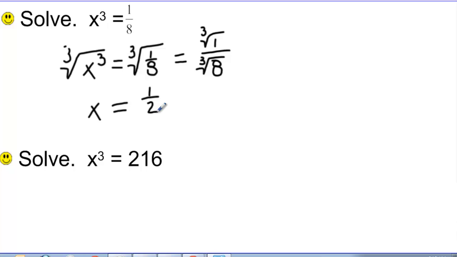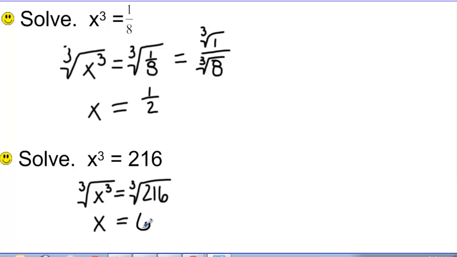And for my second equation here, again, I need to take the cube root of both sides of this equation. So I'm going to take the cube root of x cubed, and I'm going to take the cube root of 216. The cube root of anything raised to the third power is just that thing, so I have x on this side, and then the cube root of 216 is probably 6 if I had to guess, and I could check that.